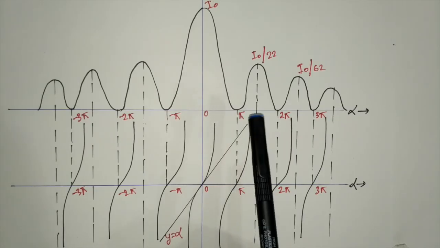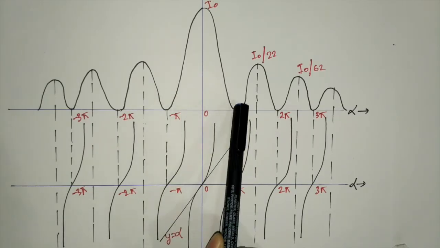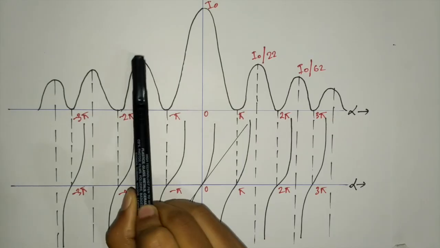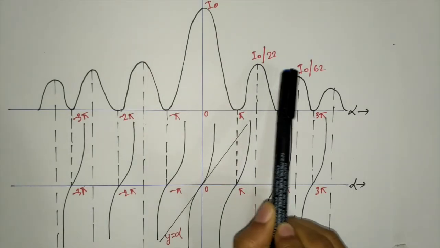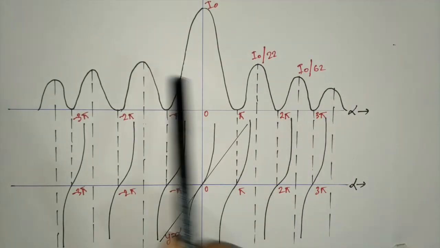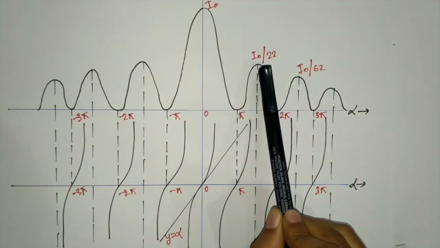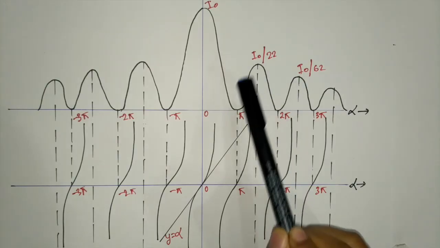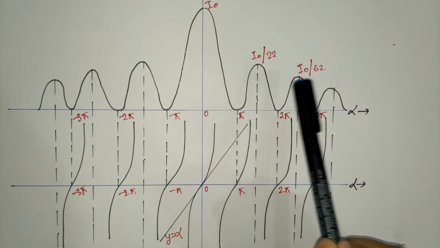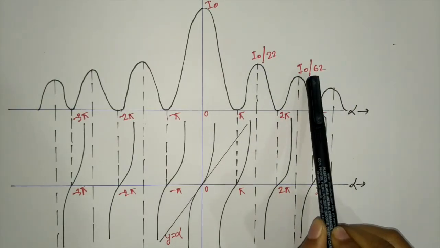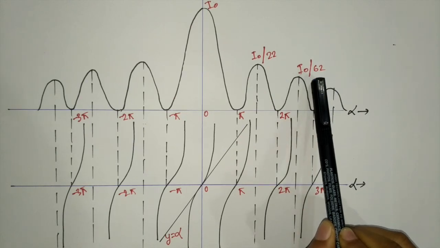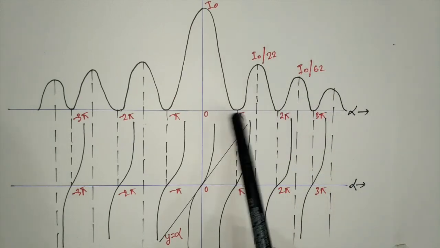And this here is the secondary minima. So we can see we have two secondary minima, two secondary maxima, and the intensity goes on decreasing both ways. Here we have I naught and here we have I naught by 22. This graph is plotted by experimental considerations, and here we have I naught by 62. Here is 0.